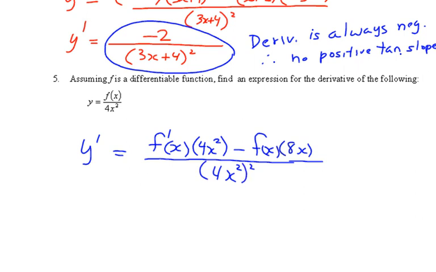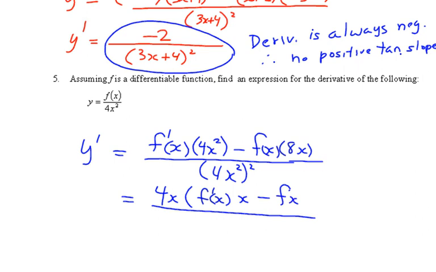So on the top, we can factor out an x, and a 4. So we factor out a 4x. We have f prime of x times x. And then we have f of x times 2. On the bottom here, we have 4x quantity squared, giving us 16x to the 4th.